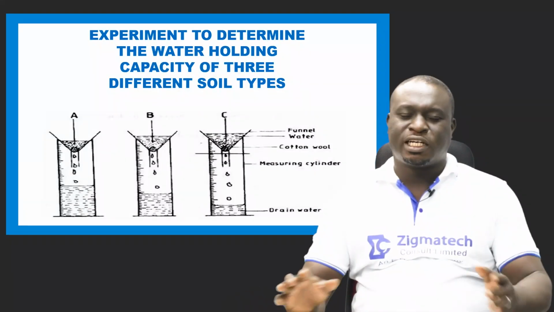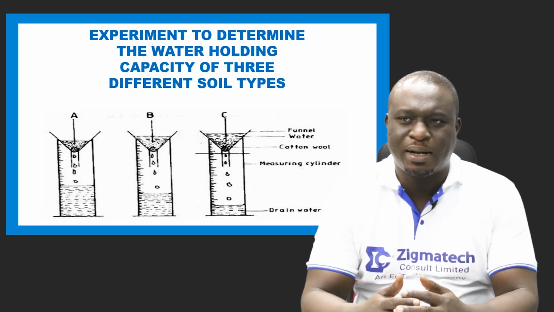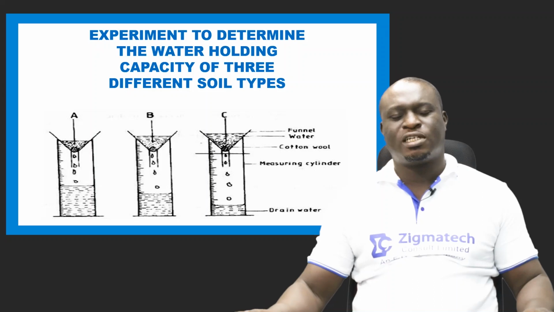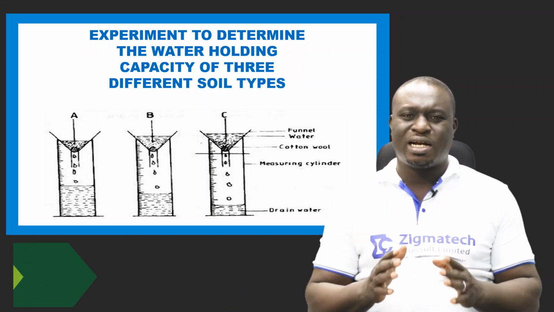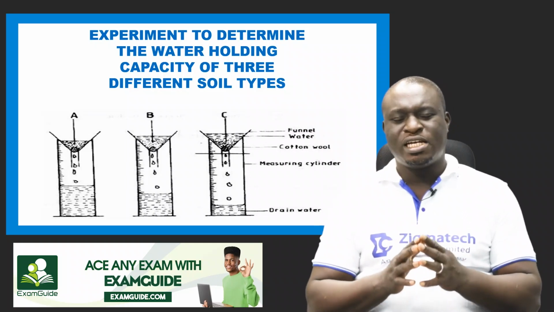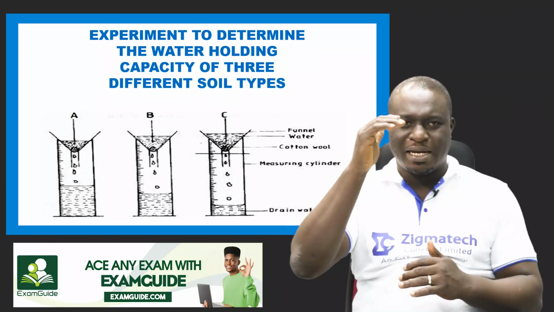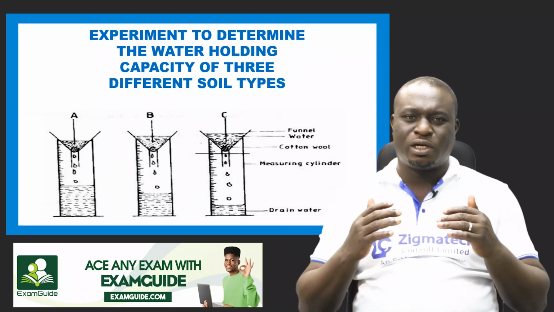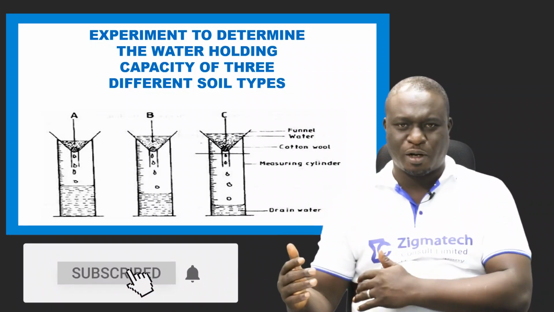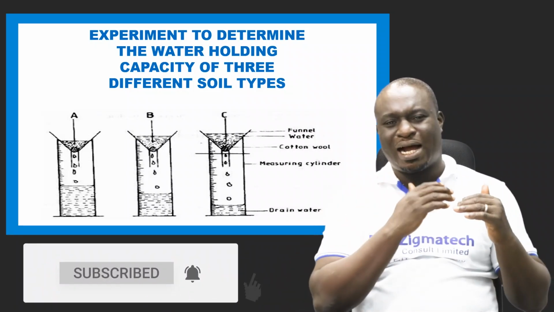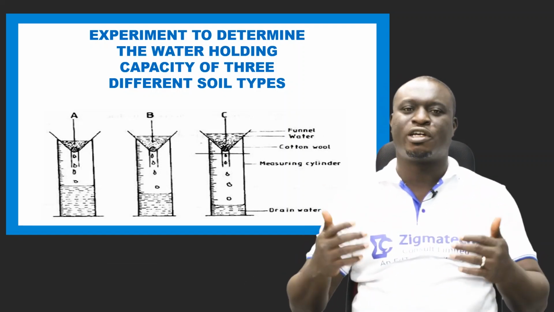All right, now let's take a look at some experiments to determine the water holding capacity of these three different soil types. Like I said before, whenever you are carrying out an experiment, please ensure your records are correct. You start with the aim, and the aim is actually your objective, what you want to achieve at the end of the experiment. Then after the aim, we have the apparatus. Now the apparatus include the materials you're working with.